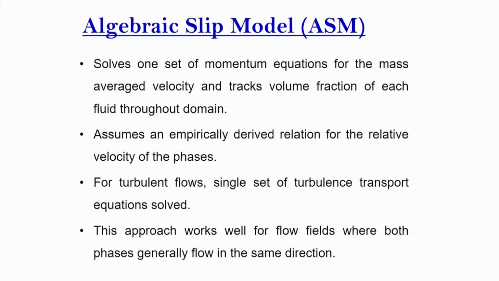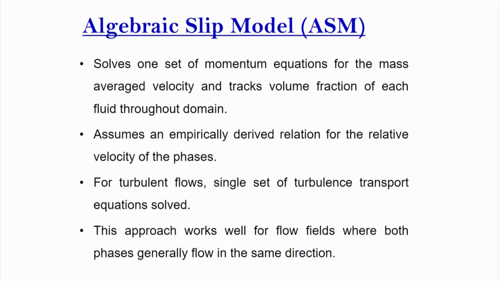From this we can get the velocity, the mass fraction or mass distribution, and then with the volume fraction we get where the phases are actually present. That is the whole idea of the algebraic slip model. Because you are using the mass average velocity, you just need to solve one equation for both phases, and the mass average velocity depends on both phases. We will see the equation, then it will be more clear.